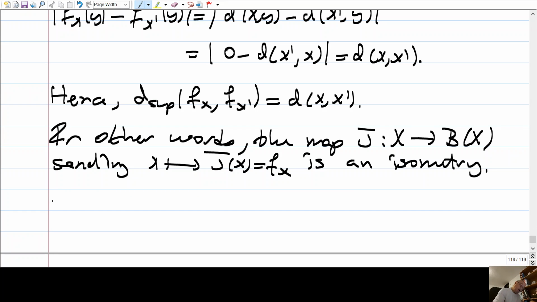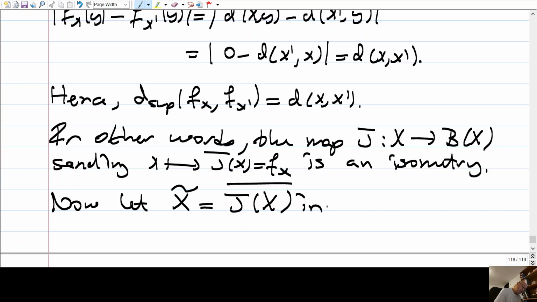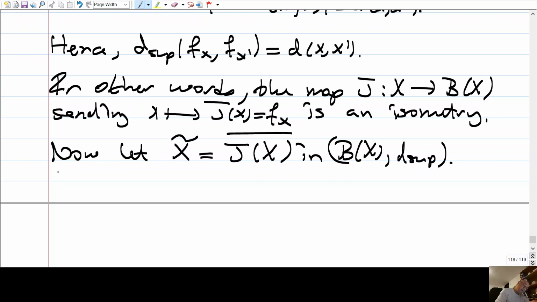Now let x tilde be just the closure of the image in Bx with the supremum metric. This closure is a closed subset of bounded functions, and we know that the metric space of bounded functions with the supremum metric is a complete metric space.